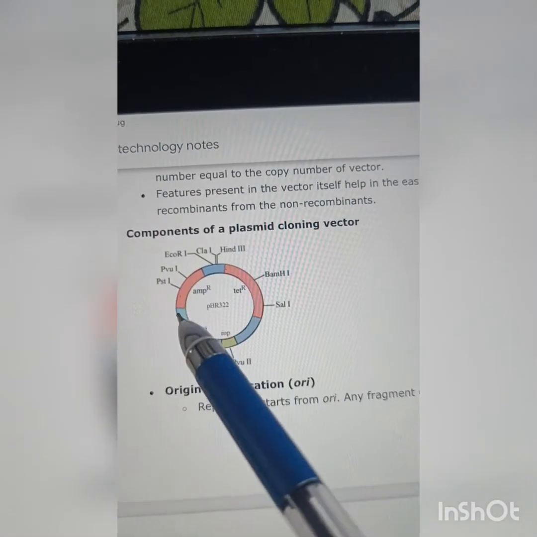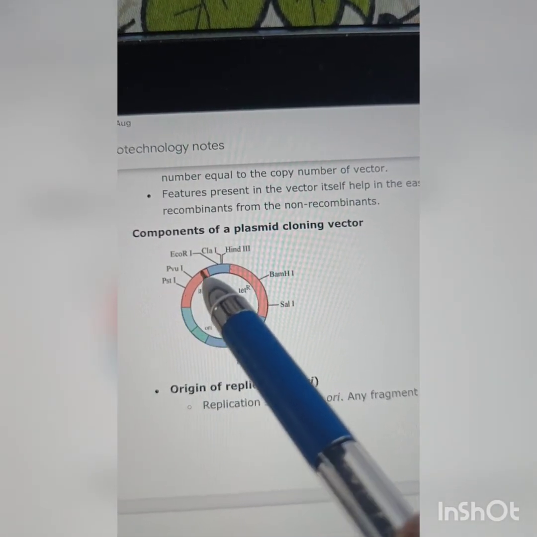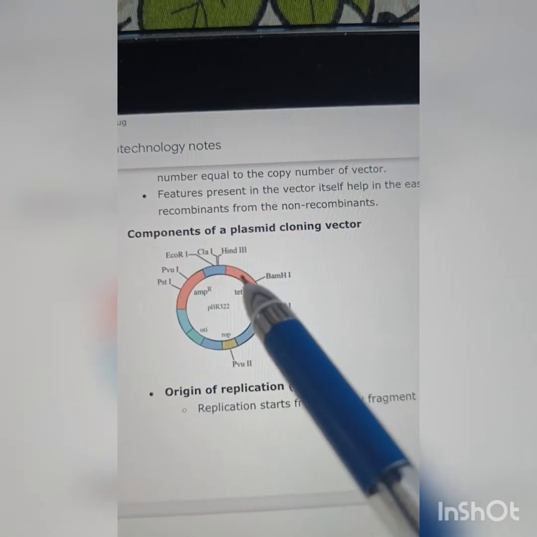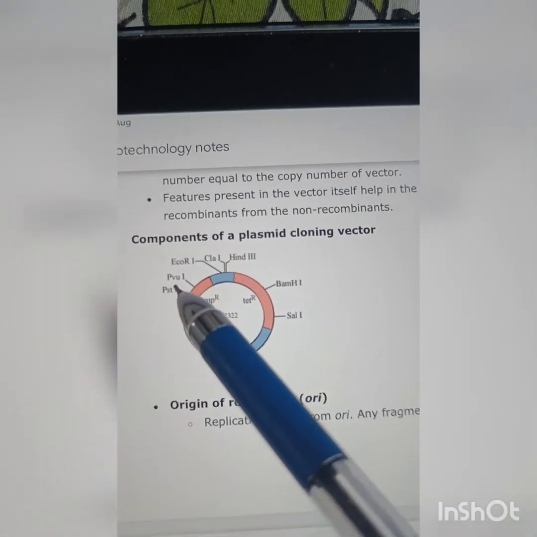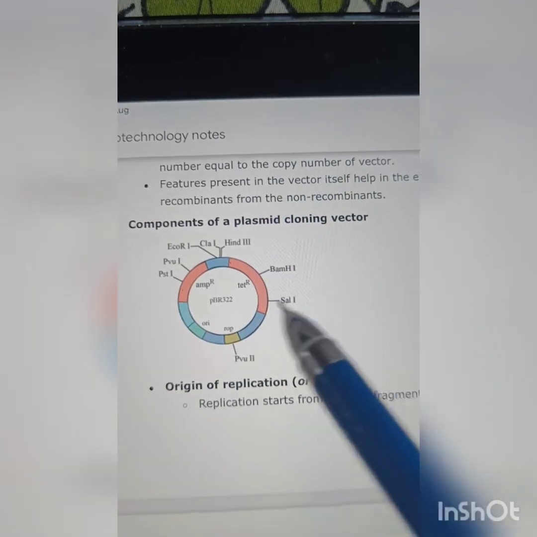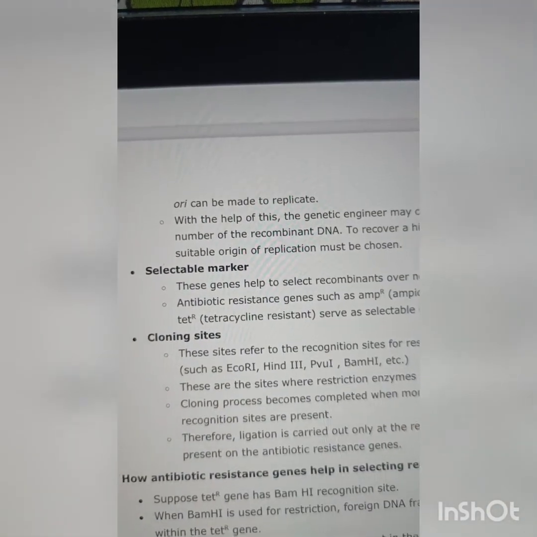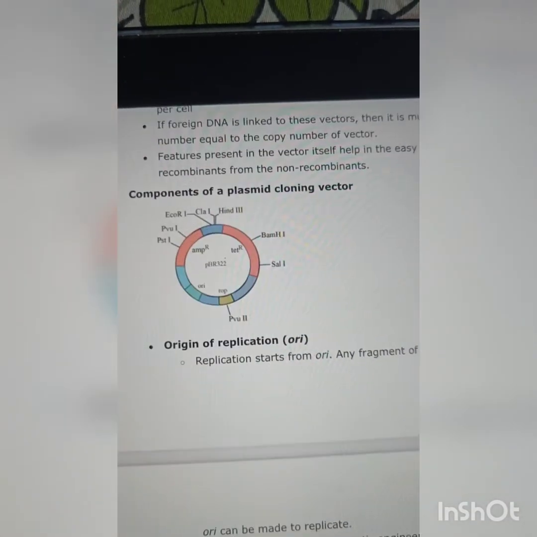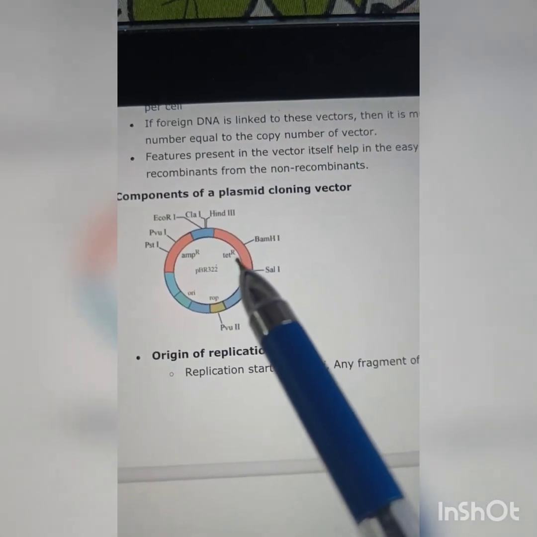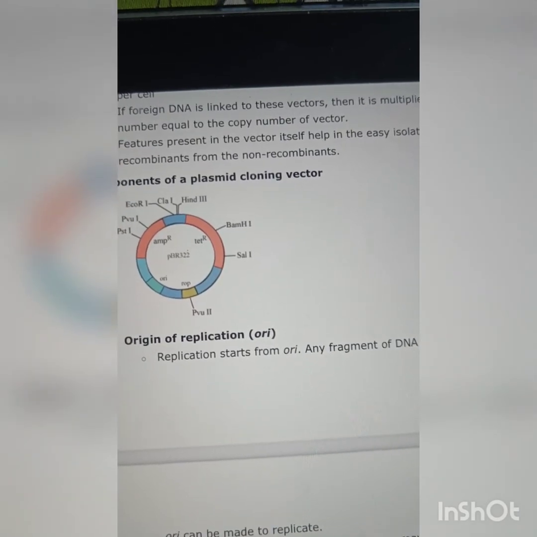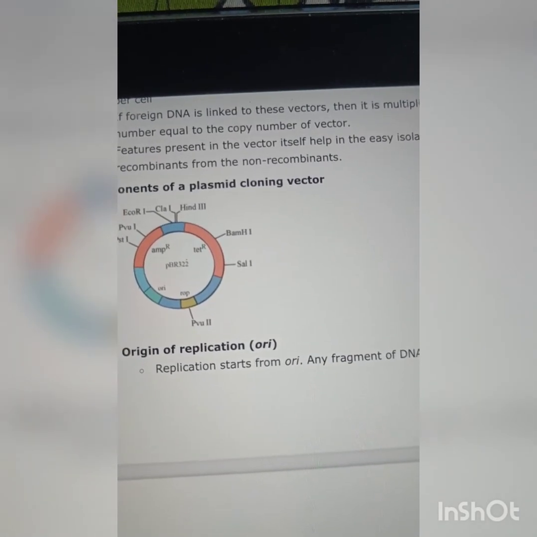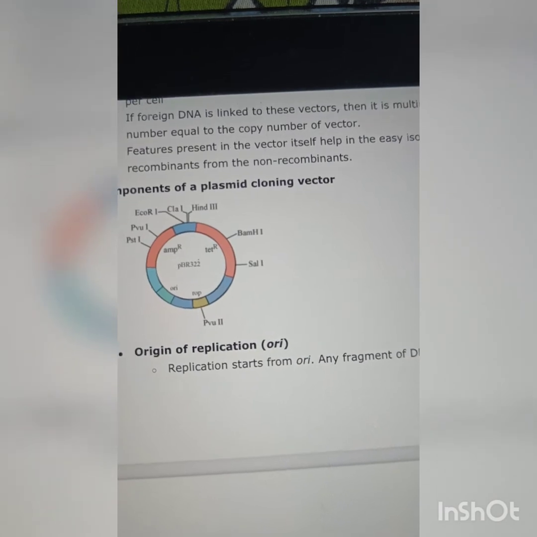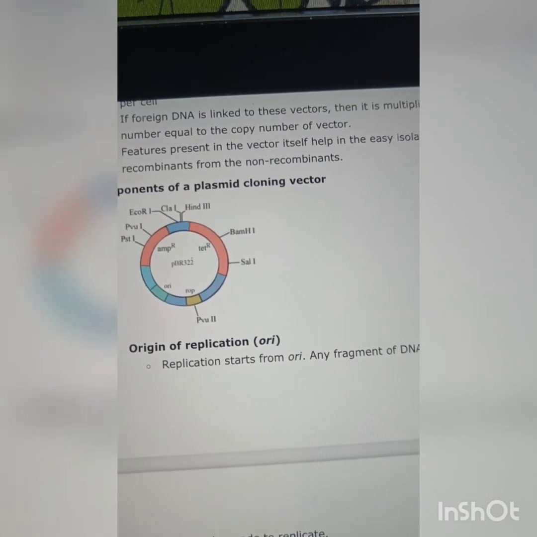Some regions are intermingled in the diagram, but normally they will not overlap each other. Then the third thing, how these ampicillin and tetracycline resistance genes help to select the recombinants versus non-recombinants, I will tell you in the next video. So listen very carefully and go through this video a number of times. Thank you.